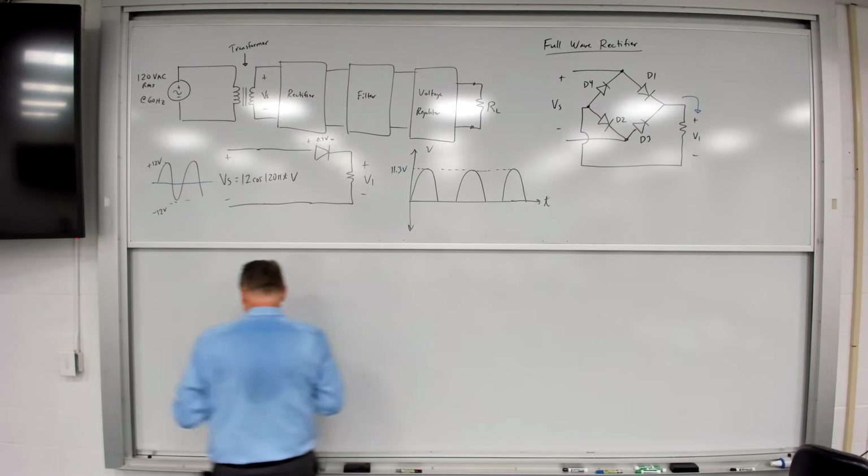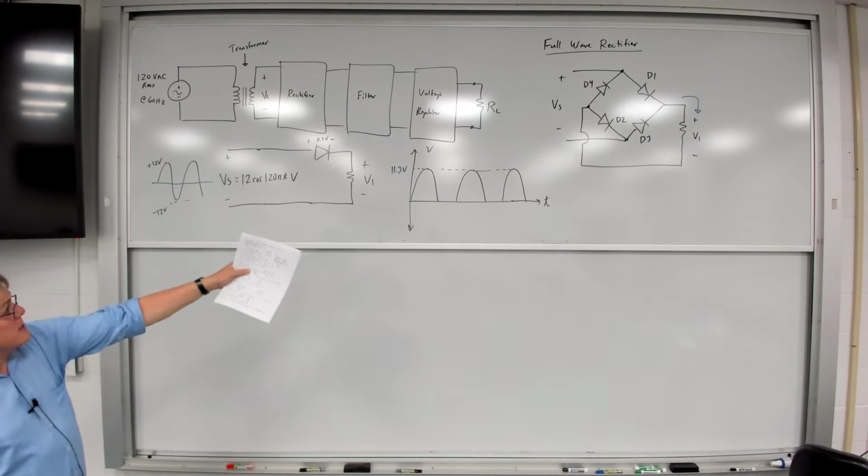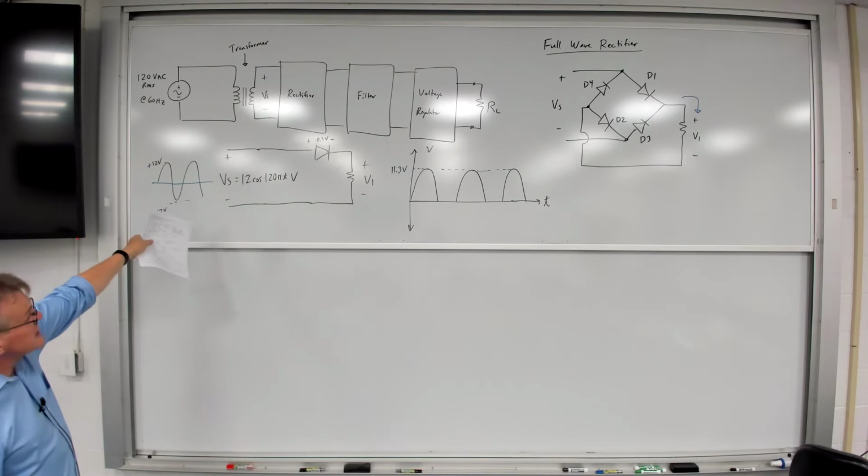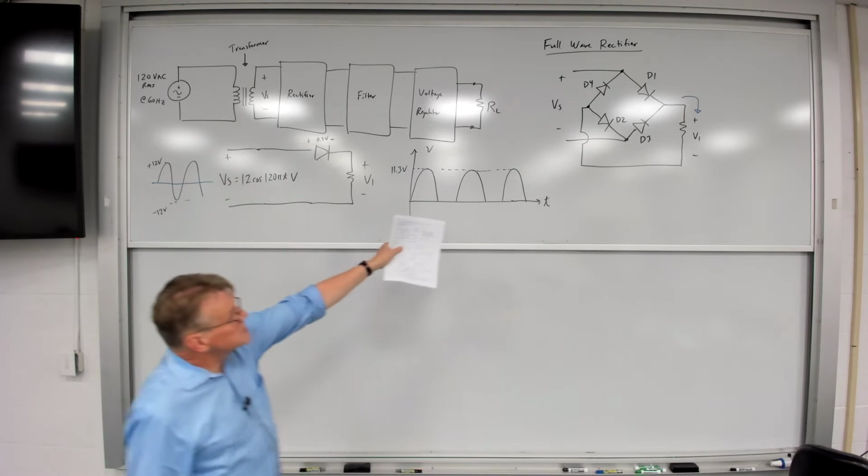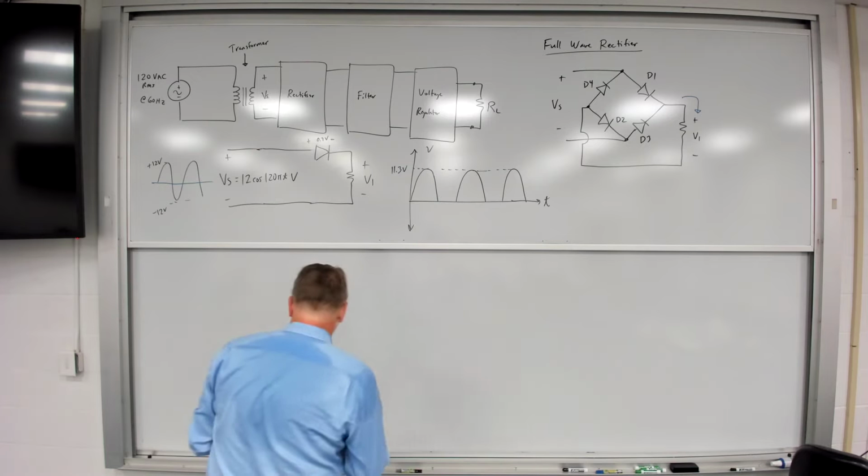Right. So let's look at this, and let's think about Vs being this AC waveform, and let's consider how this is going to work. And I'm going to redraw this over here.